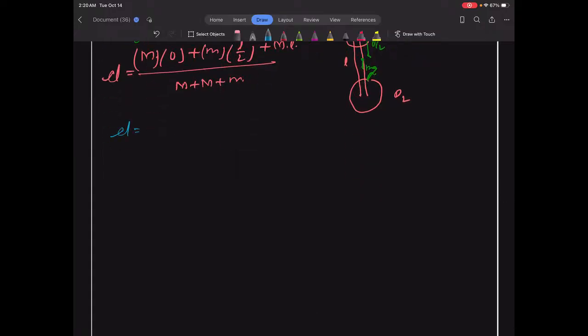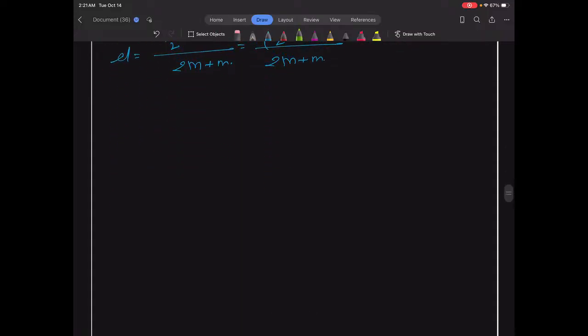So this gives us the value of d as (mL/2 + ML) divided by (2m plus small m). We can take L as common, so this comes as (m/2 + M) multiplied by L, divided by (2m plus small m). So this is the position of our center of mass.